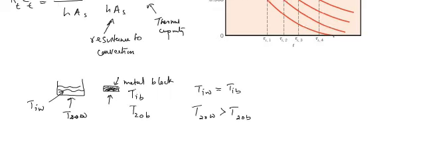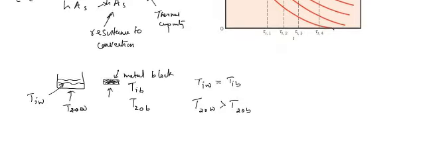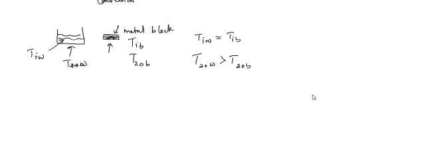If you go back to this equation, when the thermal capacity increases, the tendency of the object to give away heat reduces, and when H increases, the resistance decreases, and when H decreases, the resistance increases. So when resistance increases, it takes more time for the object to come into thermal equilibrium with the surroundings. That is what this figure says.